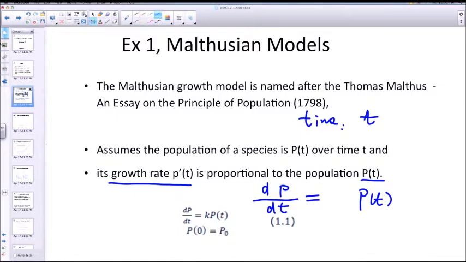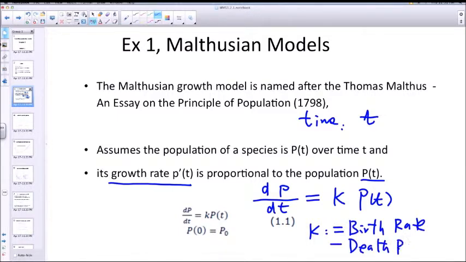If you count only females, then the population of the mothers you can divide by 2, and then multiply by k, which equals the birth rate per mother minus the death rate per mother. If P(t) is the population of the females only, or if you assume the female and the male have equal probability, you can take the whole population, but divide this k by 2. That's all your choice.